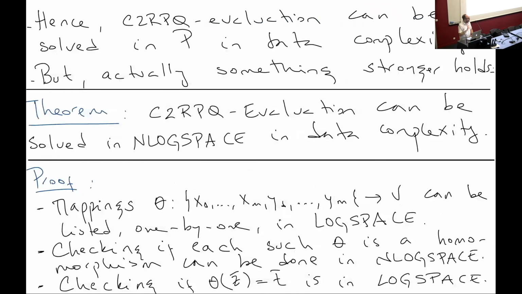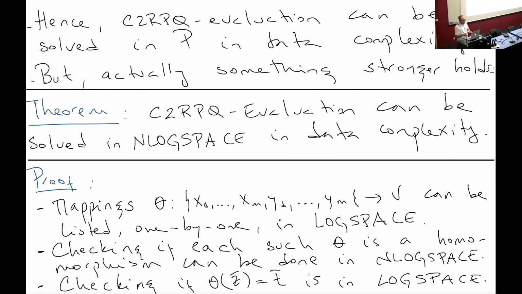And then once you have this, everything else you can check in polynomial time. In fact, you can prove actually something stronger. It's not only in polynomial time, but it can be solved in NLOGSPACE in data complexity. So this shows that C2RPQ is not such a bad language after all. Yeah? So truly, it can be NP complete in combined complexity. But combined complexity is not really the right measure here, right?